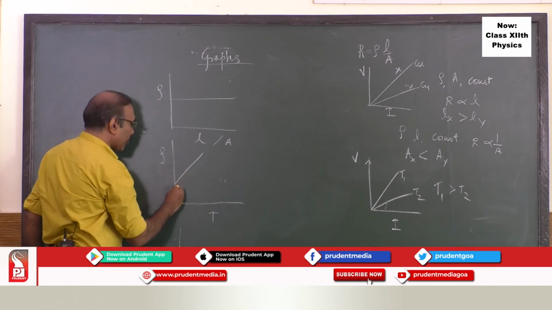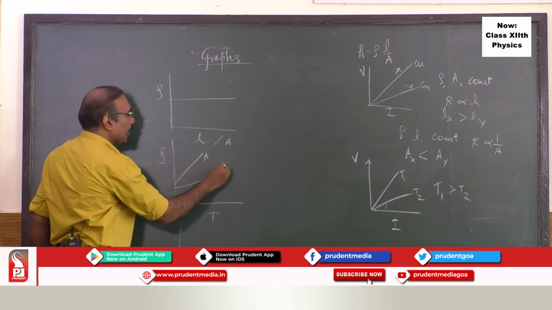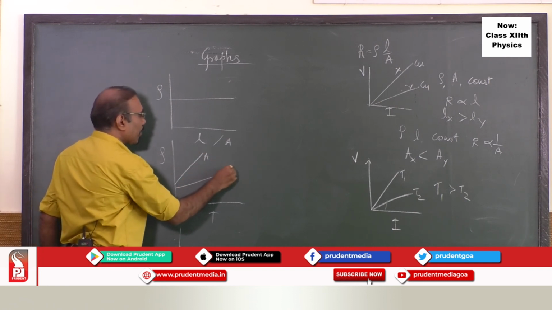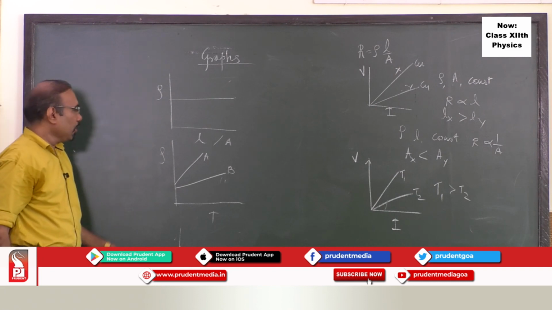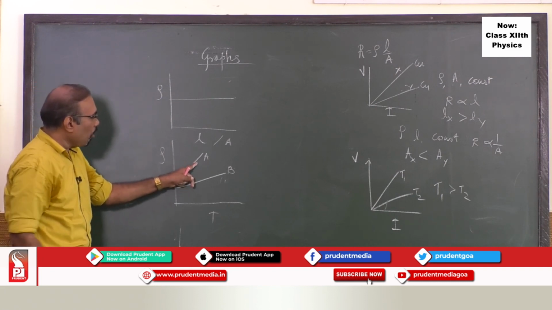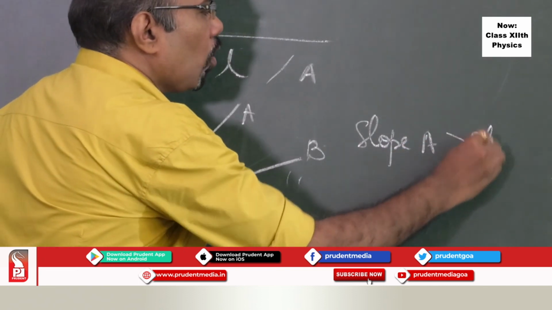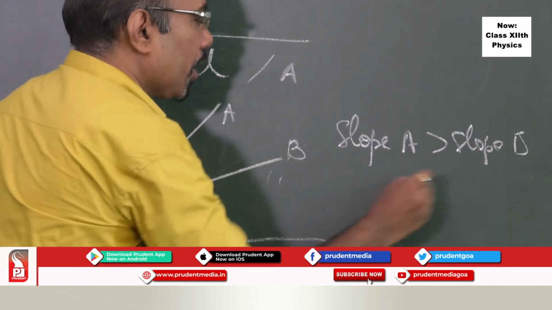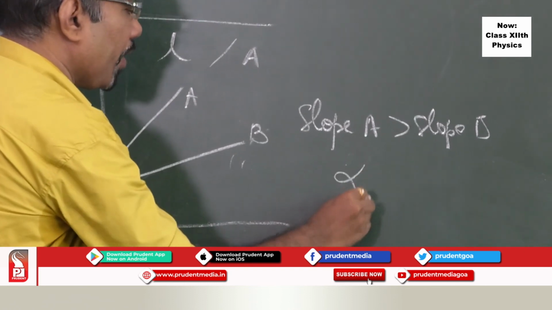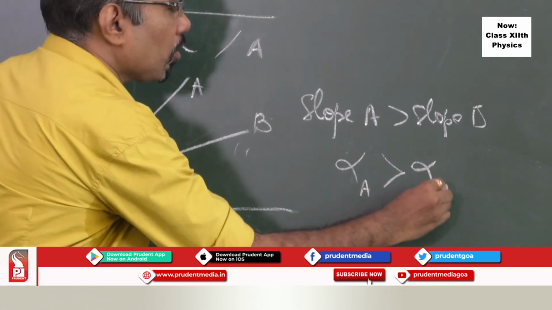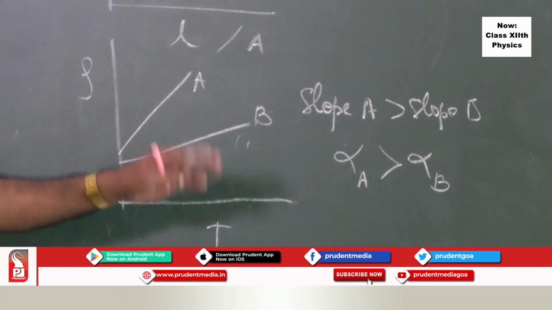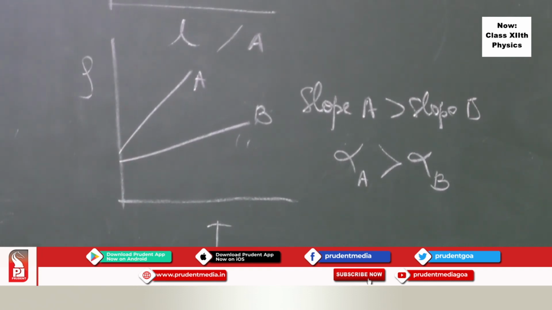Suppose we have two graphs like this. Which material has a greater temperature coefficient of resistivity? The slope of A is more than the slope of B, so the temperature coefficient of resistivity of A will be greater than that of B. So these are the various types of graphs you can understand.